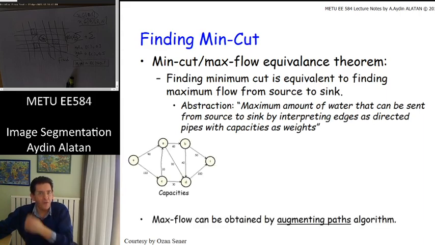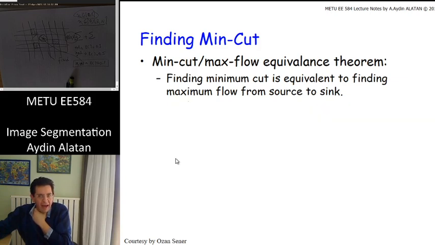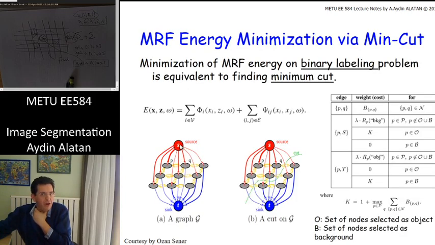Therefore, I converted my problem into a minimum cut maximum flow equivalence theorem. What is that? I am trying to push some water from here, and the cost values are our capacities of the pipes that will make the flow reaching to here.